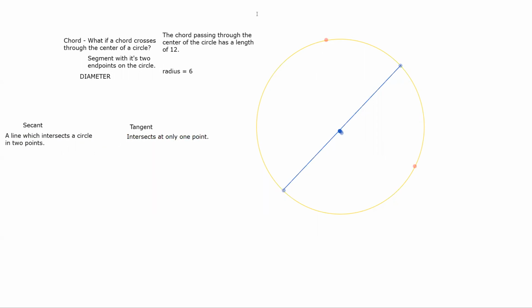So sometimes it might be easier to see this demonstration with a visual. So the secant we'll make in blue. A line which intersects a circle in 2 points. There might be our secant. I'm going to get this chord off of here, the diameter. Okay. Now remember that first chord we had.